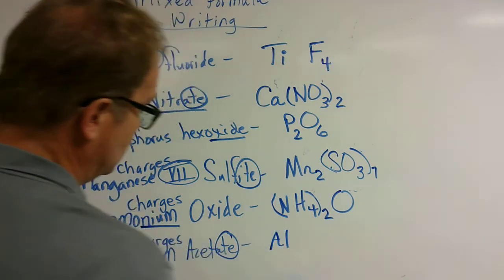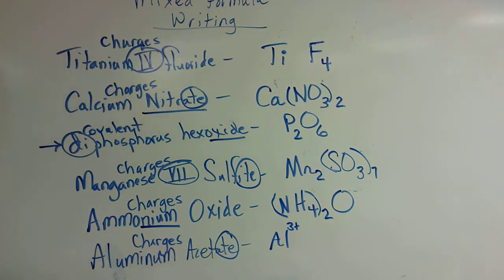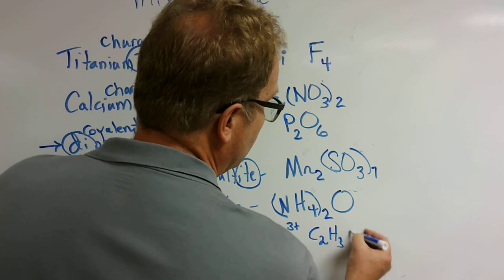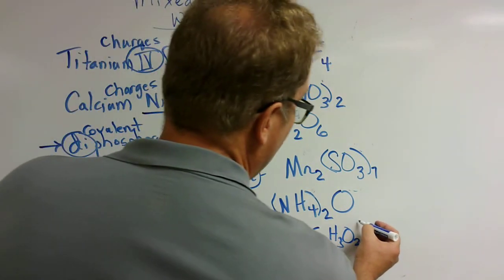Aluminum, +3. If you don't remember the charge, just look at the chart that's provided with all the charges. And then I have acetate. So I've got to write that whole thing: C2H3O2. And then my charge for the acetate is -1.